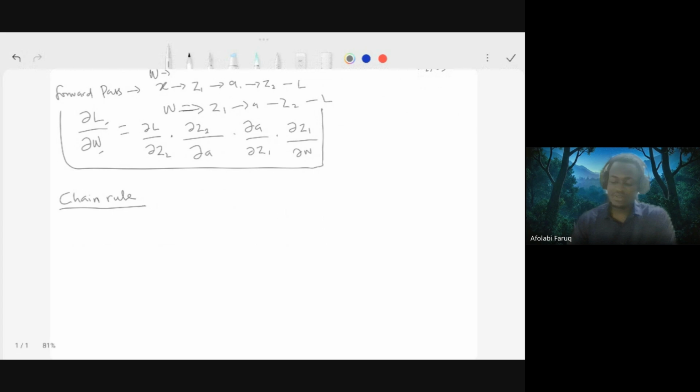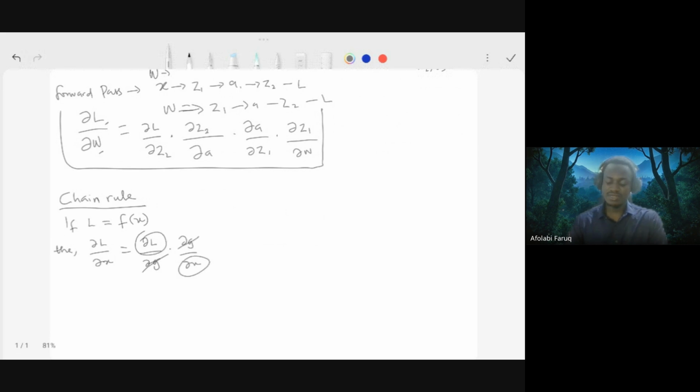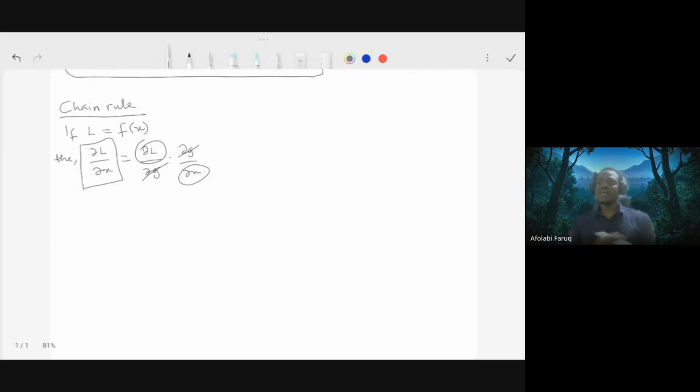Okay, so let's say, for example, if L is a function of X, that is, if loss is a function of X, then according to chain rule, we can say dL/dX equals dL/dG times dG/dX. If this cancels this, then we are left with dL/dX, which is what we have here. Okay? So which is what's going to get our thoughts into chain rule.